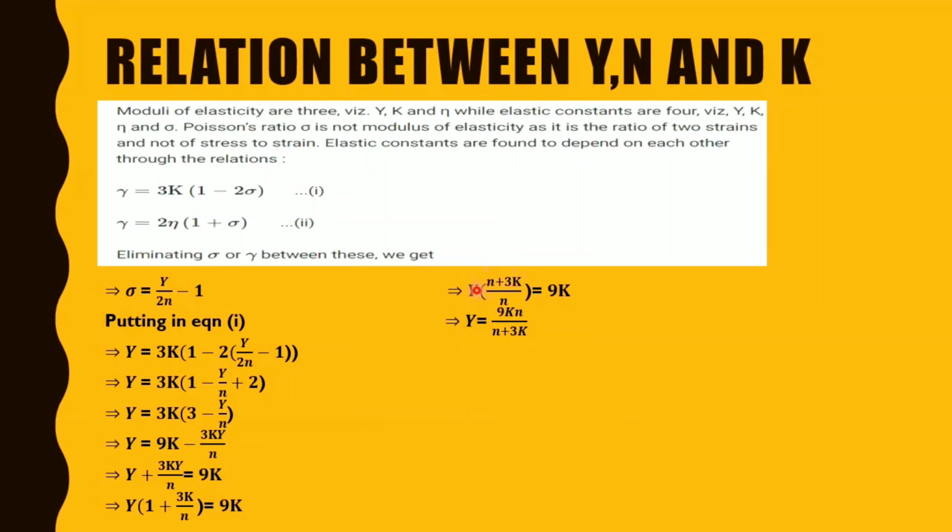Now we take this eta this side and bring this down. So we get that Young's modulus is equal to 9k eta by eta plus 3k. That means this is a relation between Y, eta and K. So this is how you need to derive.